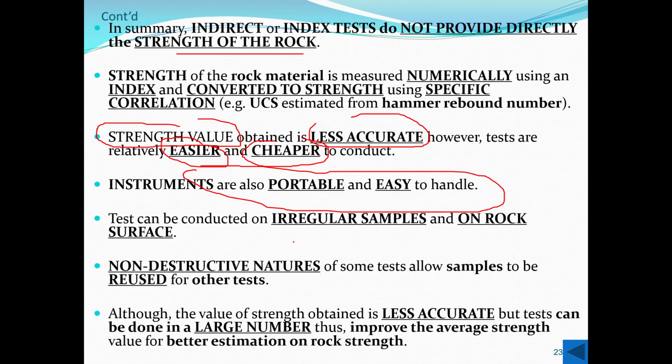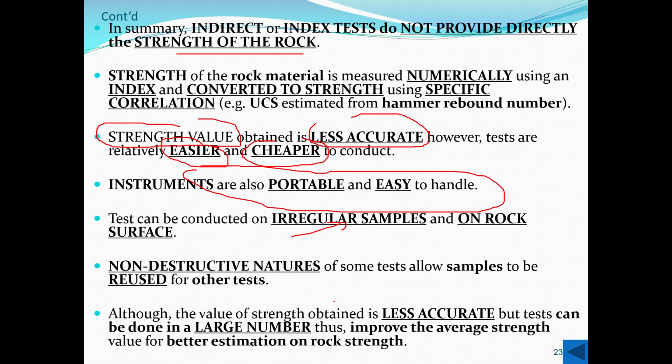And then the sample preparation is very minimum. Then we can use irregular sample shapes for the point load test, and the rock surface also can be irregular. Some of the testing in that test is non-destructive, so we can use the sample again for other tests.